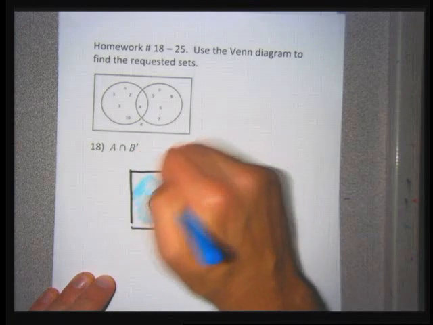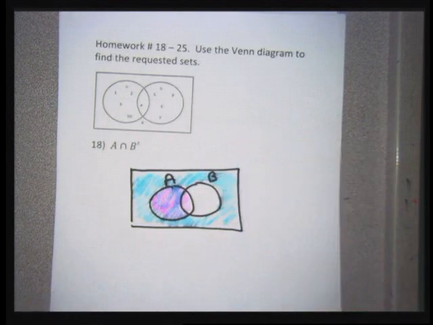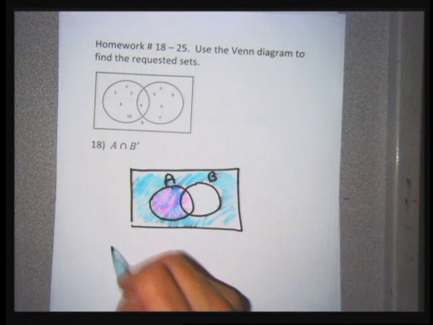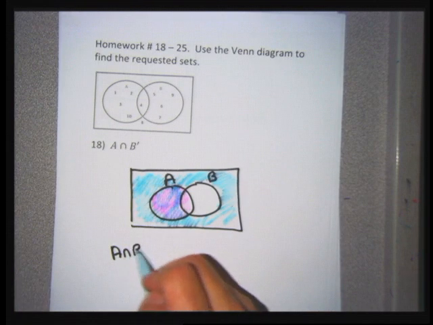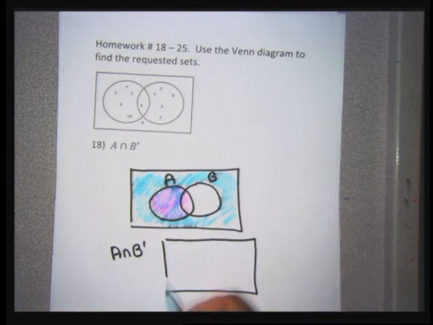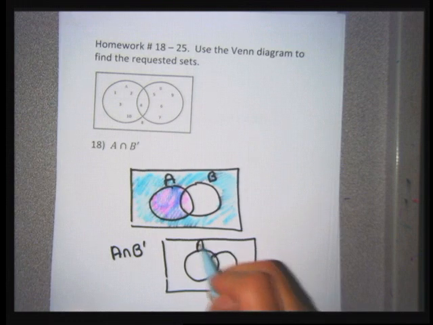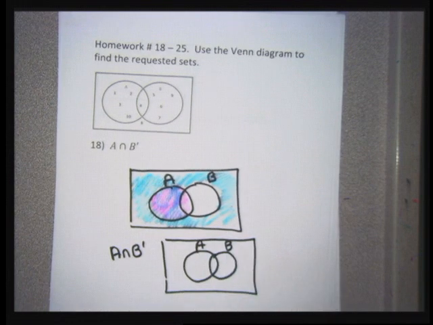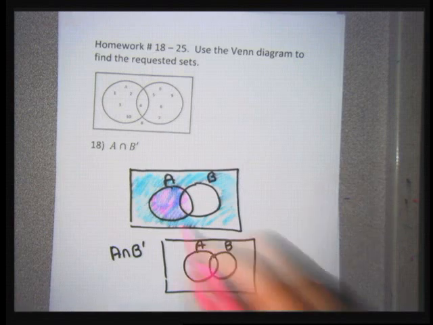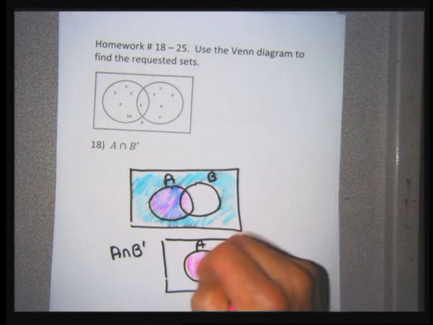I use 2 colors when I do intersections because the region that we need is the region where the shadings overlap. So this is the beginnings of getting a graph for A intersection B prime. The graph of A intersection B prime is going to be the region where I have the multicolored shadings. So the region that I'm worried about for my problem here is this region.